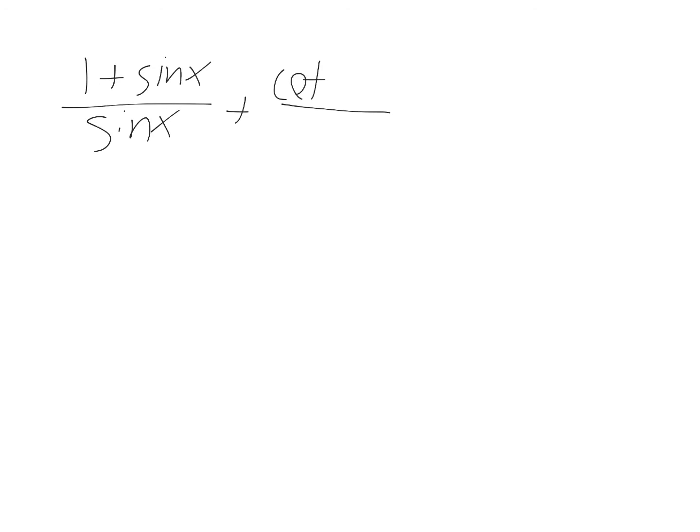So let's start with what's given to us. 1 plus the sine of x divided by the sine of x plus the cotangent of x minus the cosine of x divided by the cosine of x, and that's just given to us.